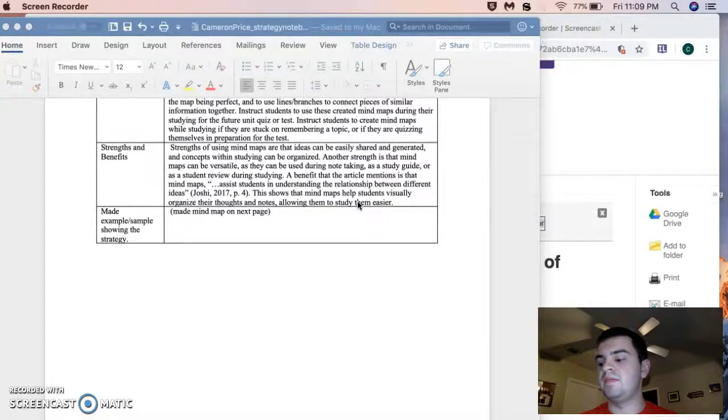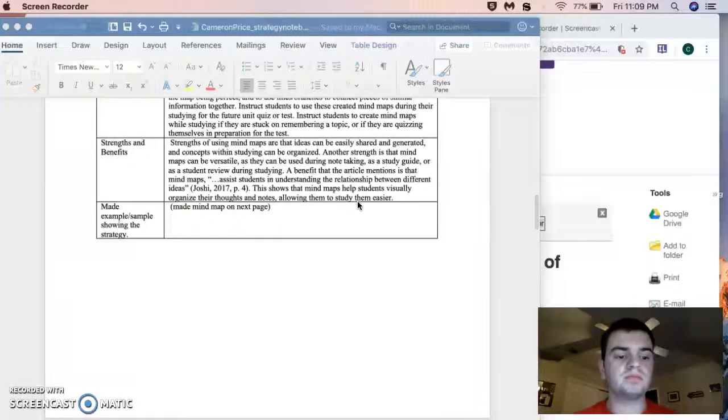So they can basically go over and study from the mind map, and then flip the paper over, draw a completely blank mind map, and then try to mimic it, or just write all the ideas like the original note mind map to see if they got the content down. Strengths and benefits.